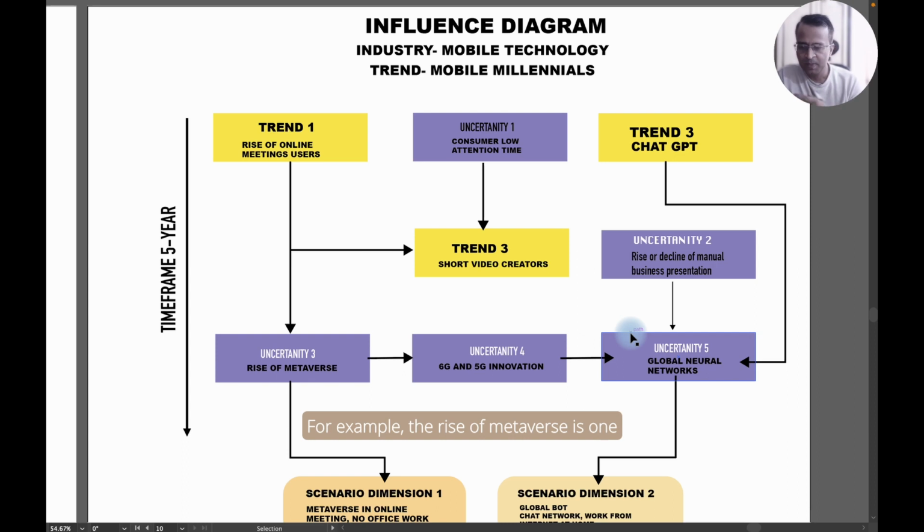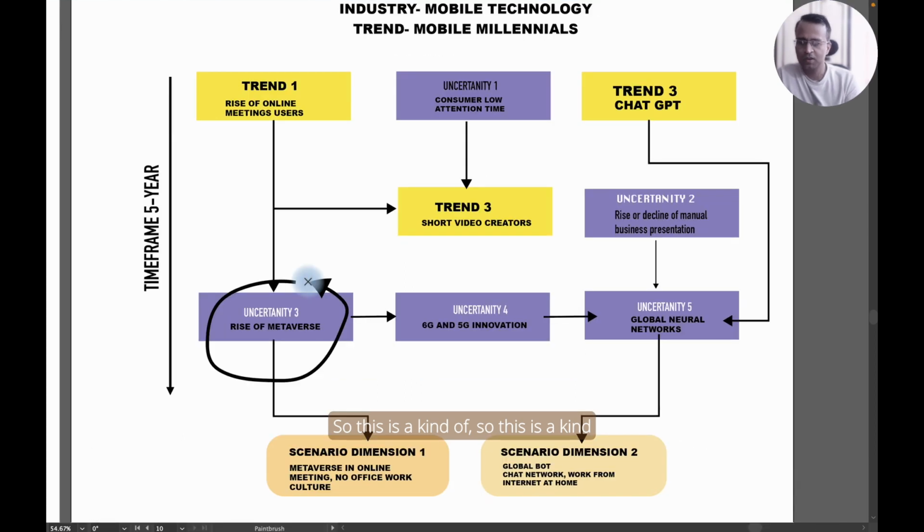For example, the rise of the metaverse is one of the uncertainties that might impact your business and your industry. So this is a kind of uncertainty that might be very useful for your business. And then you may also look into the uncertainty for 6G and 5G.